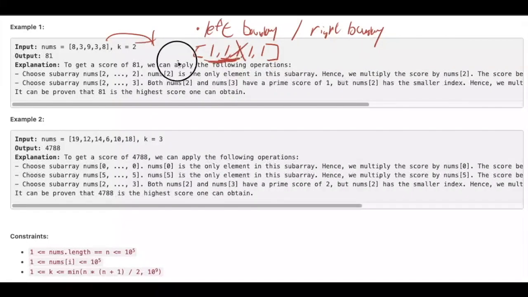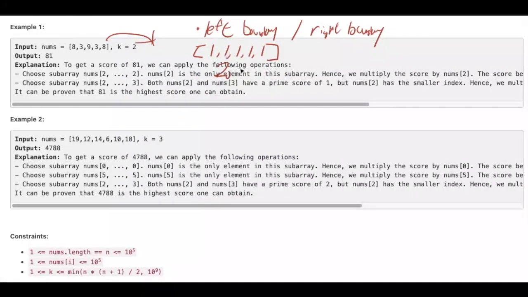We can look at an even longer subarray, but at the point that you reach this element, they have the same prime score and we always choose the smallest index, so we're never going to consider 9 again, let alone something that is larger.